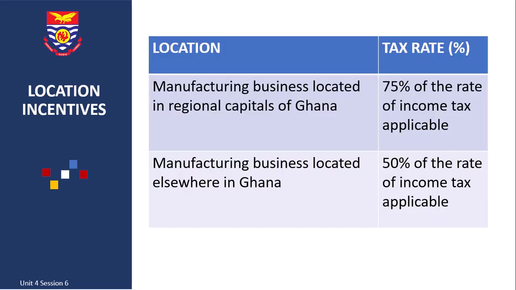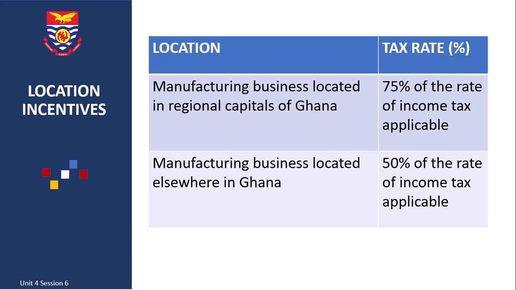The income tax rate applicable to companies chargeable income from a manufacturing business other than manufacturing business located in... When we come to manufacturing businesses, we have some locational incentive. So those located in Accra and Tema pay the 25% of their income as tax.